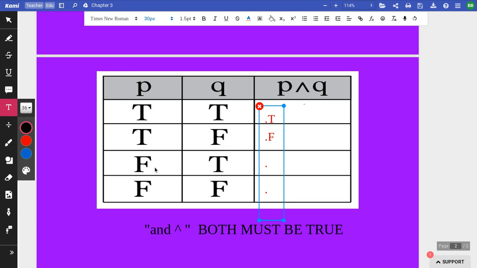Then we have P is false and Q is true. Those both are not true, therefore they're false. And the last one, P and Q are false. So obviously this is false.